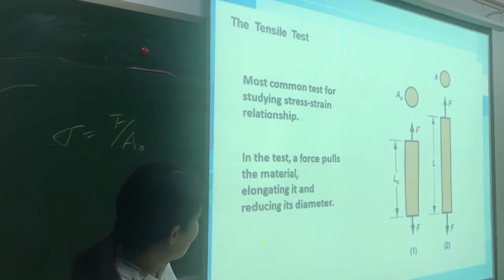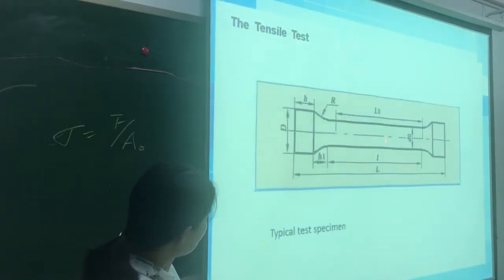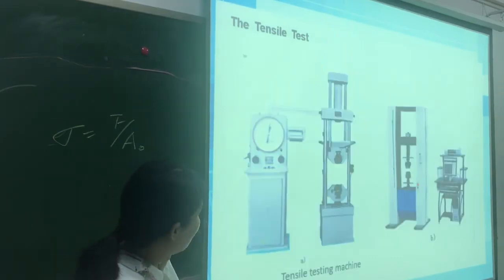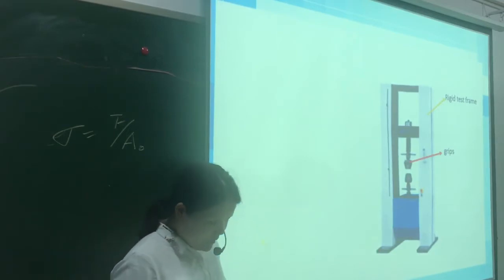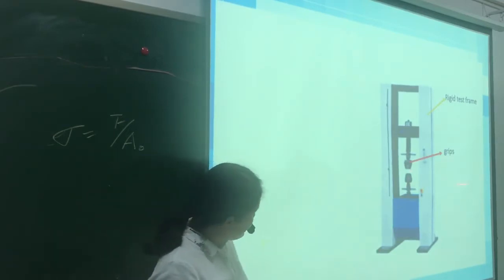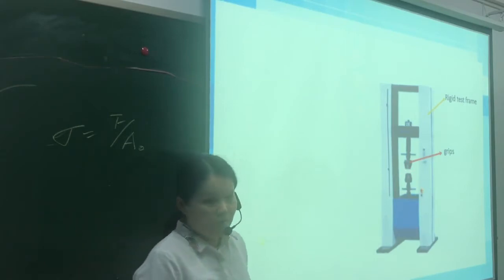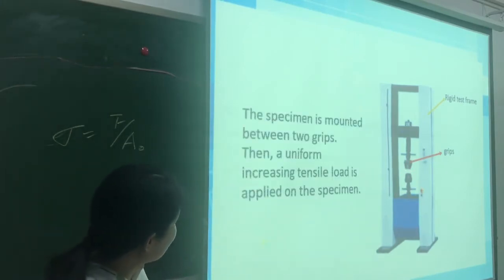In the test, we first pull the material, elongate it, and reduce its diameter. This is the typical test sample, and this is the tensile test machine. The sample is mounted between the two grips, and then we increase the tensile load.